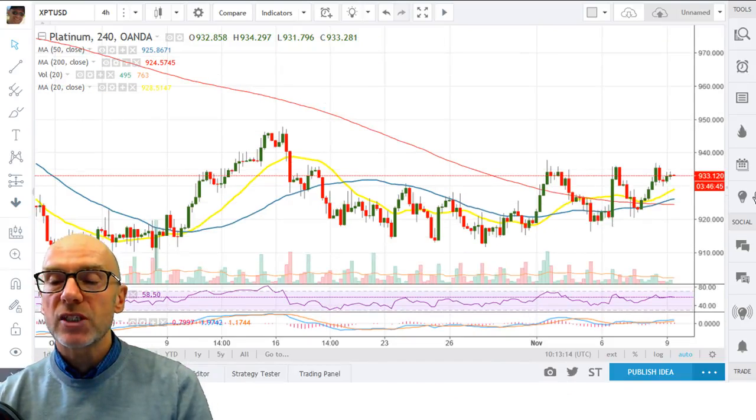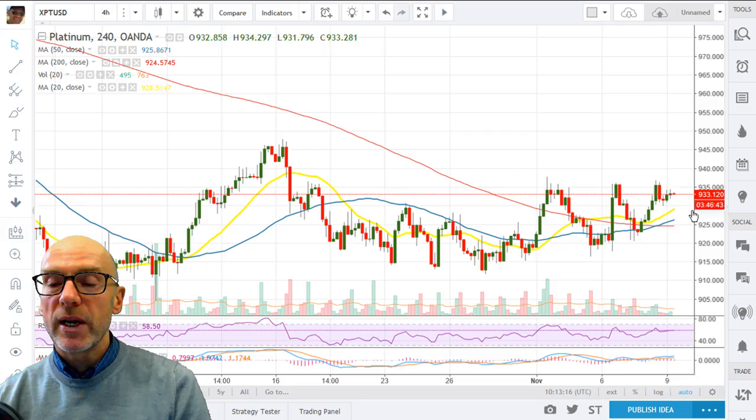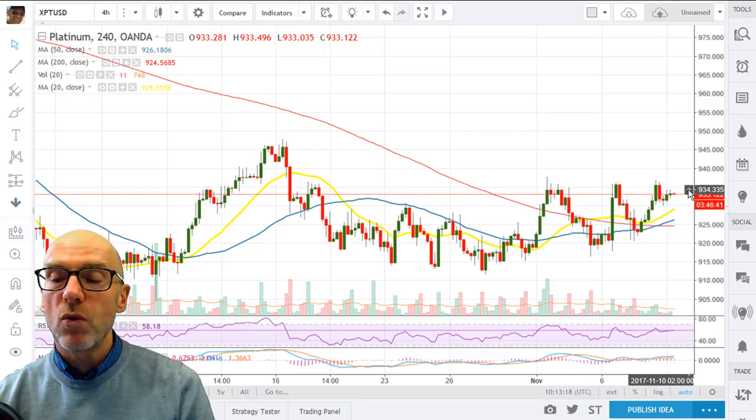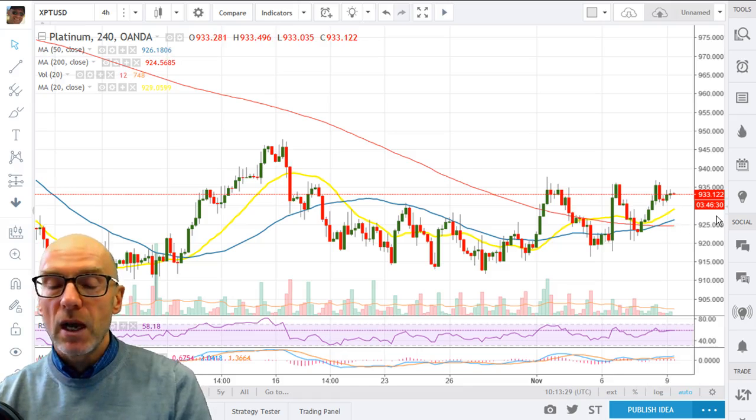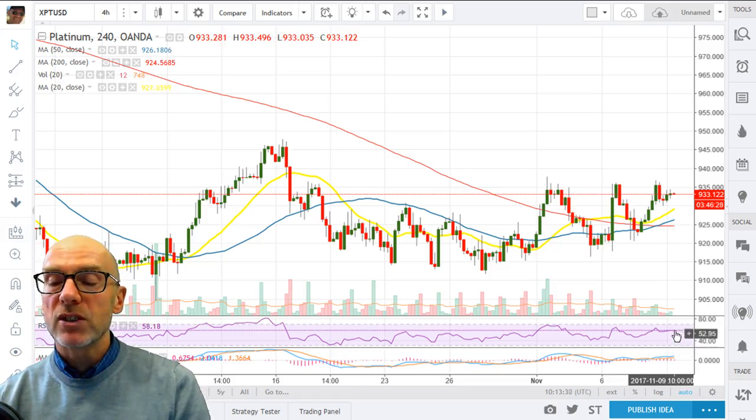And you can see that on the 4-hour charts. So here each candle represents 4 hours, and you can see now that the 20 and 50 moving averages are moving up quite well. The 200 is slowly starting to turn, and the momentum is on the upside with RSI at 58.2 and the MACD above 0 and moving up.